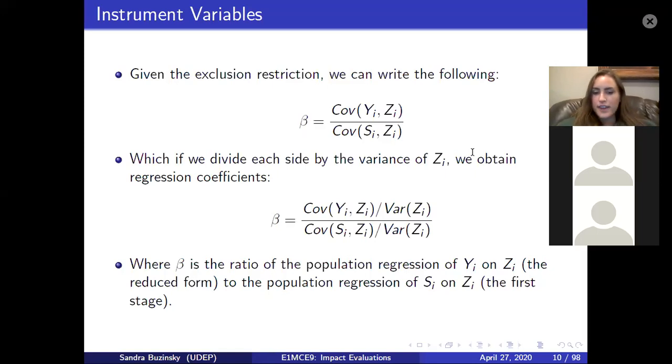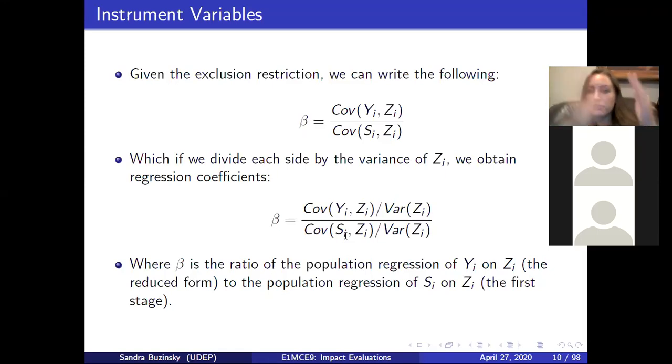So yeah, you can see how then we're rescaling. This is our reduced form. So this is our beta of the Yi as a function of alpha plus beta Zi plus ei. That's our beta here. And then this down here is our beta for Si equals alpha plus beta Zi plus ei. So you can see how these are the betas for the two, the reduced form and the first stage, right?